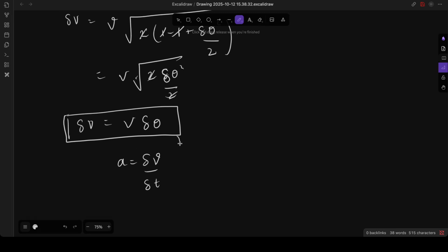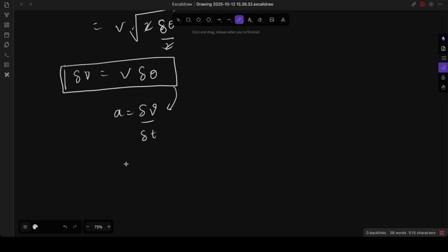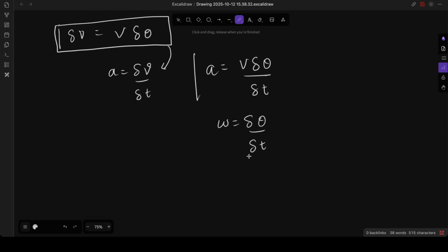And we substitute this equation here, and we are left with acceleration is v times delta theta upon delta t. And in the previous video we have learned that omega is equal to delta theta by delta t. So I can substitute omega there.